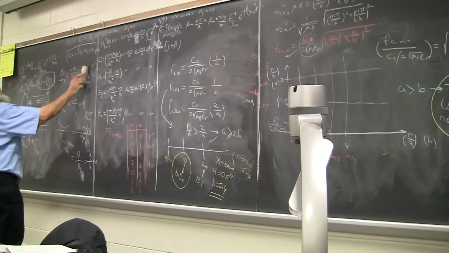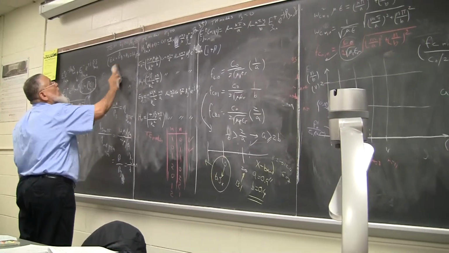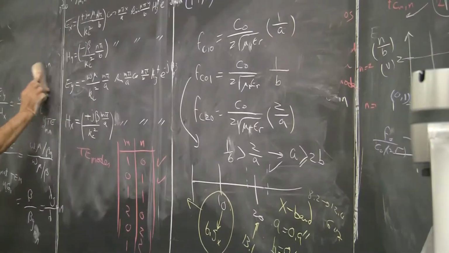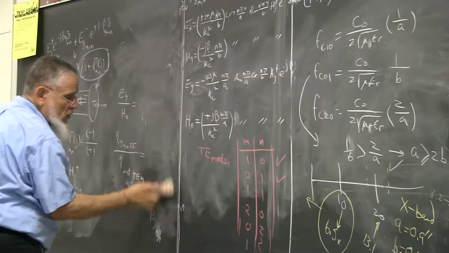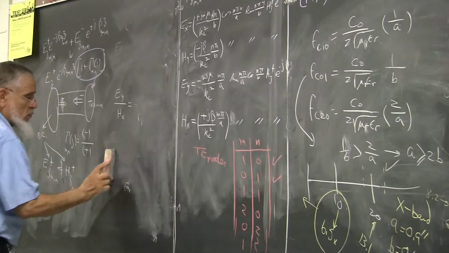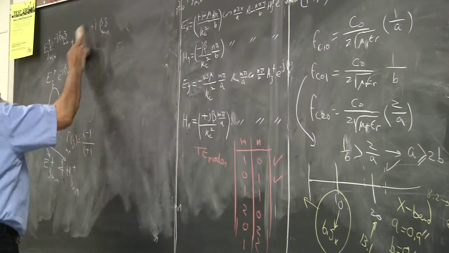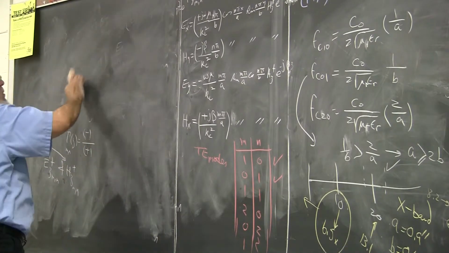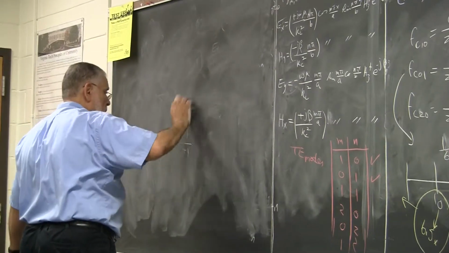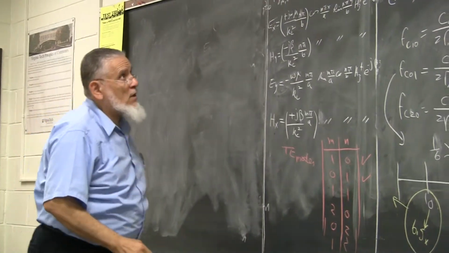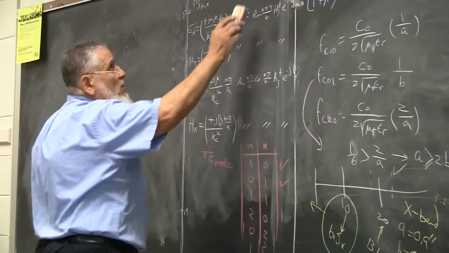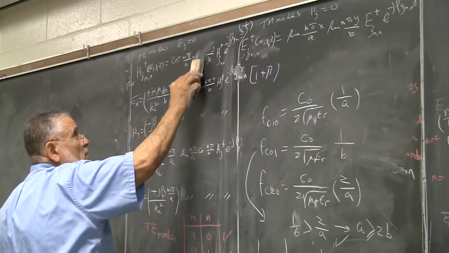So I'm going to erase this side of the board. I'm going to write the expressions for the TE10 mode now. It's the one that we want to work with. One and zero. Cosine of 0 is 1, so I'm going to erase that.